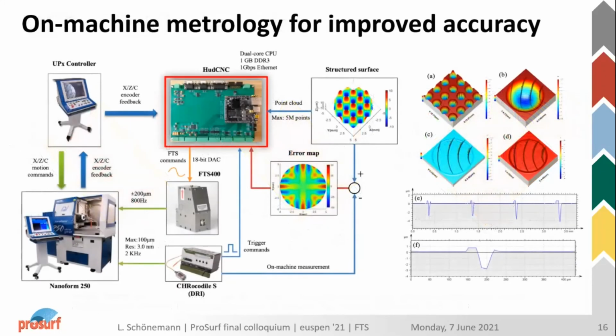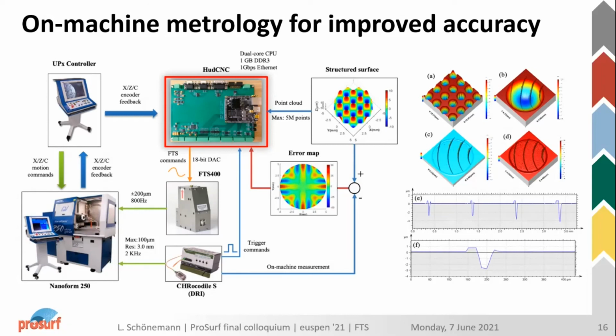The last point that I would like to mention is that we also used on-machine metrology for improving the accuracy of fast tool servo turning in this case. There has been a lot of work done by Huddersfield, and I think Zen will talk about this in a lot of detail in his talk that will come right after my talk. So I will not go much into detail about this.